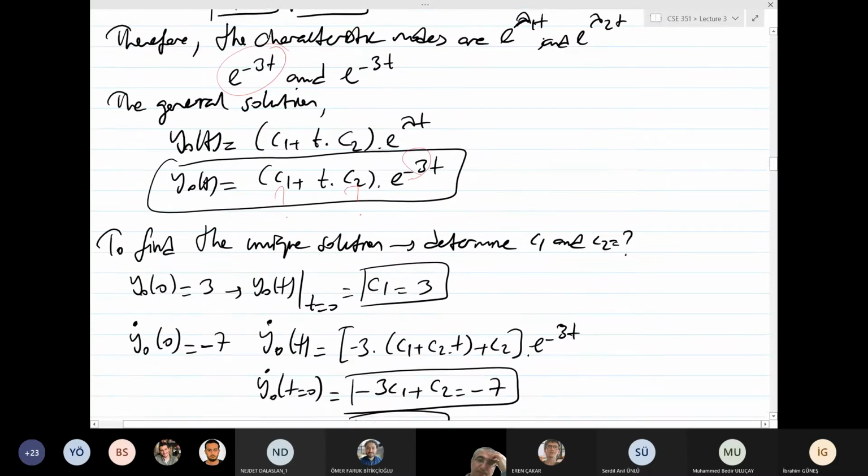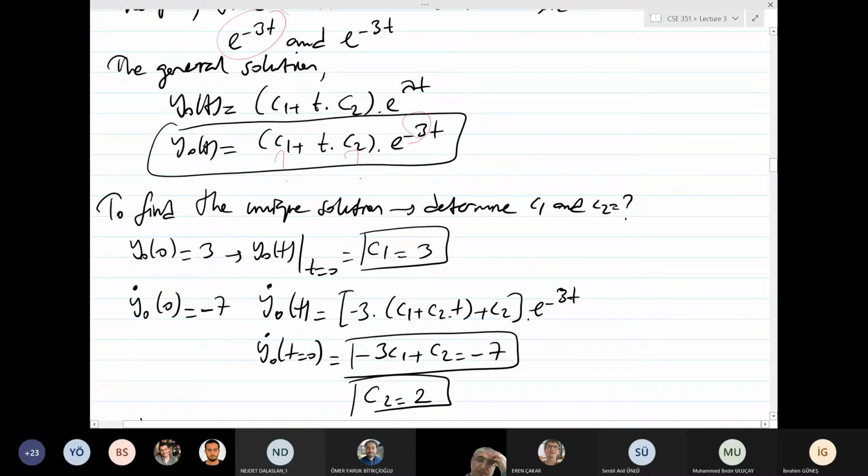Okay, how are we going to find this? To find a unique solution, we need to determine c1 and c2. How we're going to determine these constants is using the initial conditions that are given in the example.